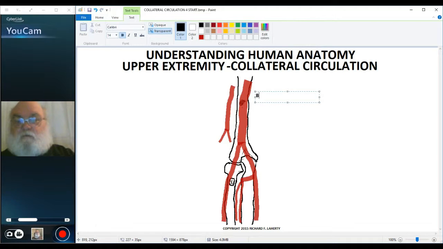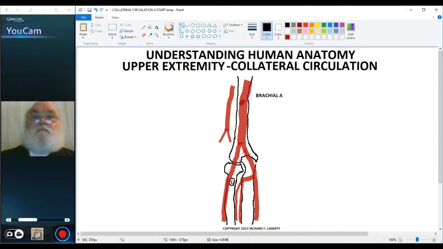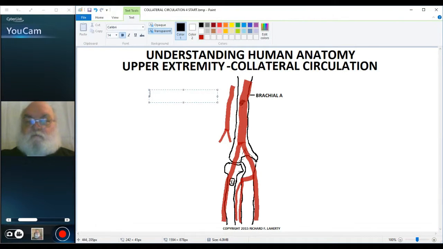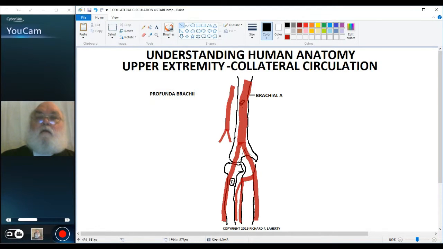The brachial artery, profunda brachii, and we're just showing the distal part of profunda.